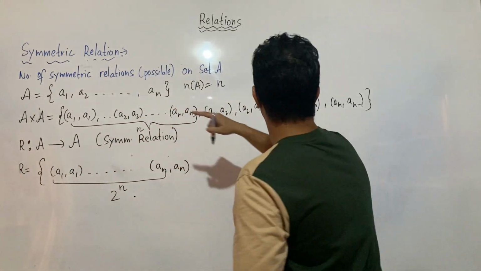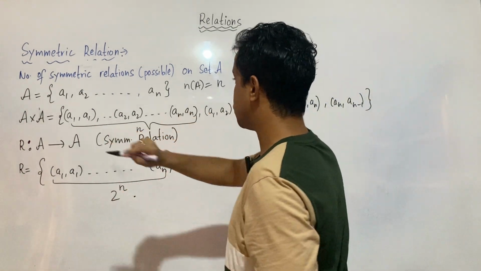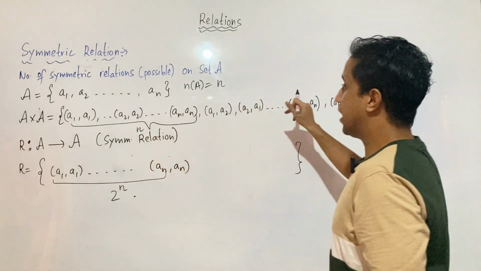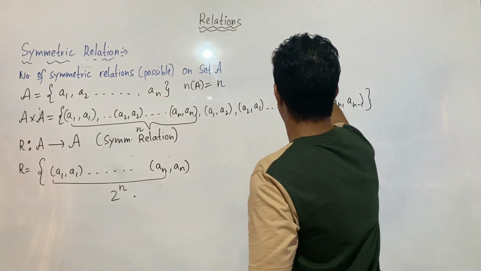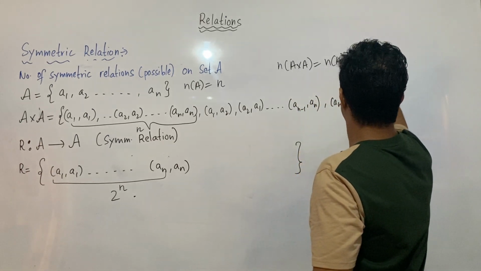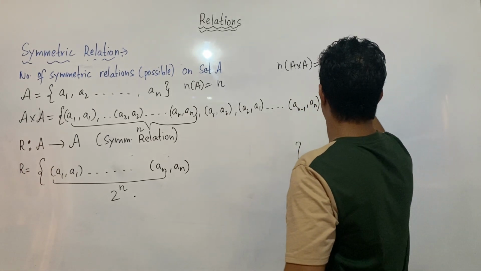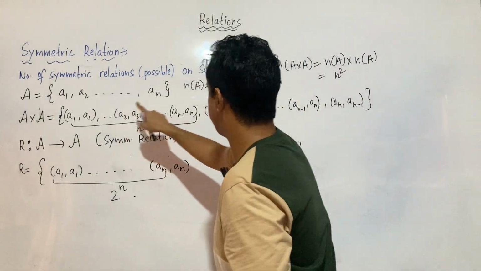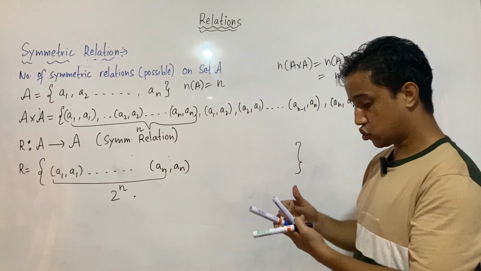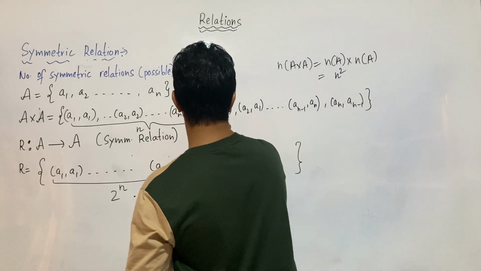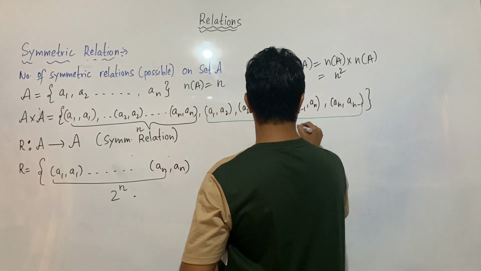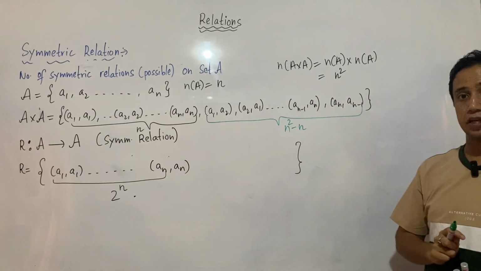When I took the Cartesian product A cross A, the total elements would be n of A multiplied by n of A, which is n square. So the total number of elements here would be n square. So n came here. What is left? From here to here, I have n square minus n. I hope you understand it.